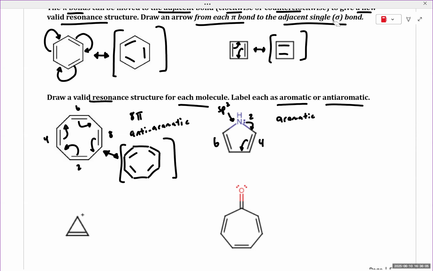Rather than pushing it throughout the pi system, I'm just going to push it one carbon over. So the lone pair kicks down, we get a new pi bond, the original pi bond breaks, and we get a new lone pair. Now, is this resonance structure particularly major? No, but we can draw a resonance structure for this molecule.